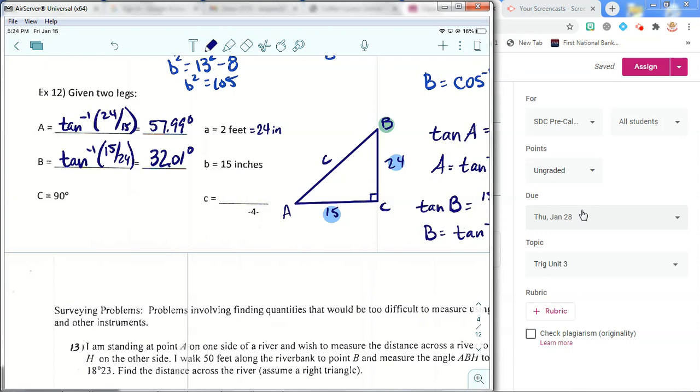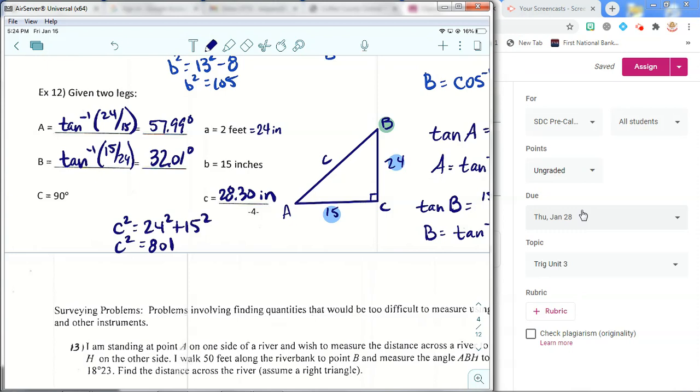Okay. And then finally, to find C, we are going to use the Pythagorean theorem, but this time, since we're looking for the hypotenuse, we are going to add. And then the square root of 801 is 28.30 inches.